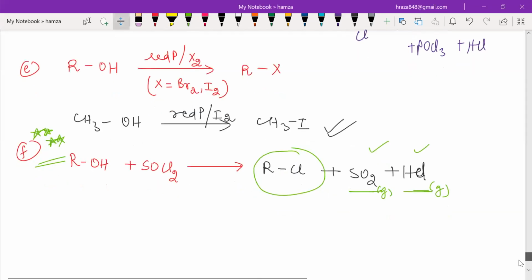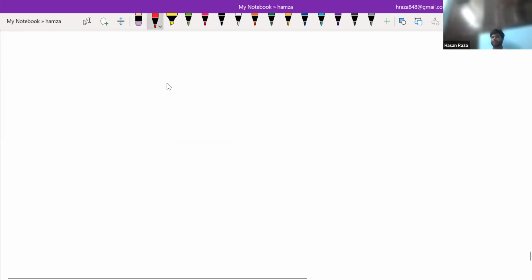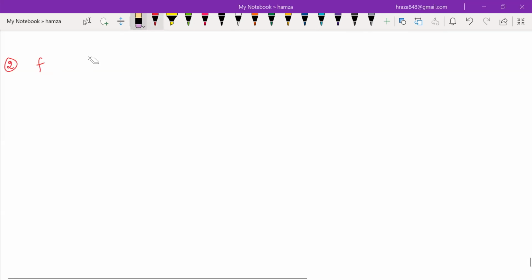Now see, these are all the methods of preparation of haloalkane from alcohol. Now the second method is basically from hydrocarbons.